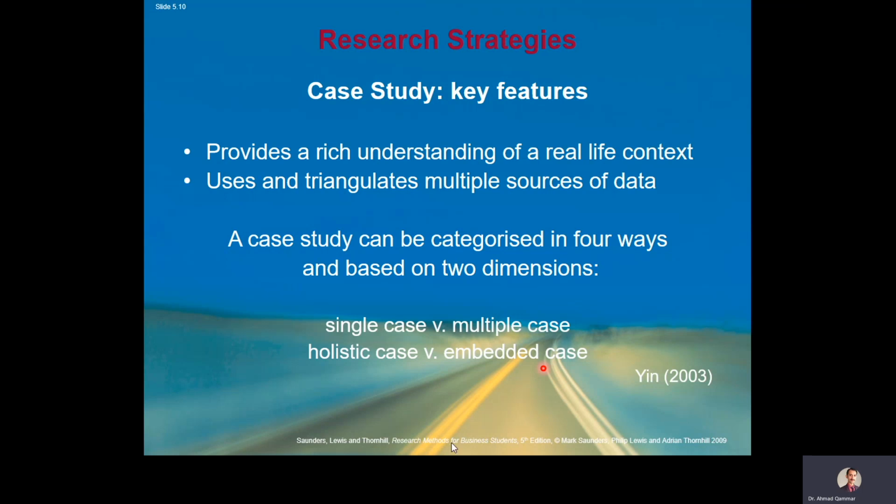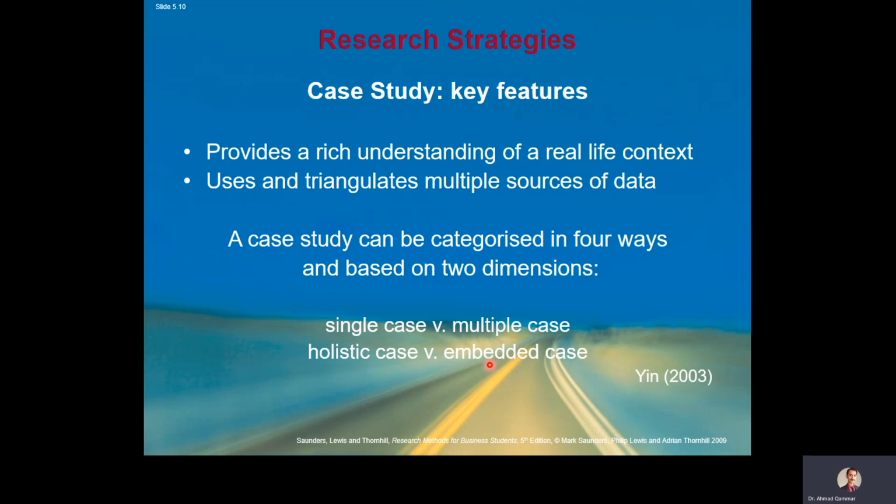Then the second dimension is holistic versus embedded case studies, right? A holistic case study is the case study where we take the whole organization as one unit. The level of unit of analysis is one organization.